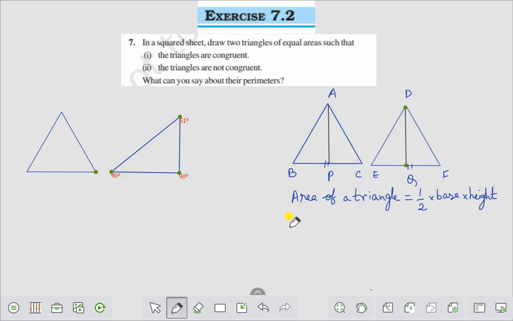Here you can say that in this triangle, half into base is BC into height is AP.